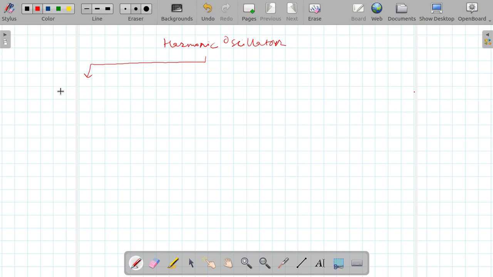So one is the classical treatment, and another is the quantum treatment.